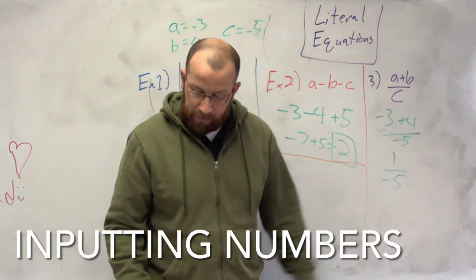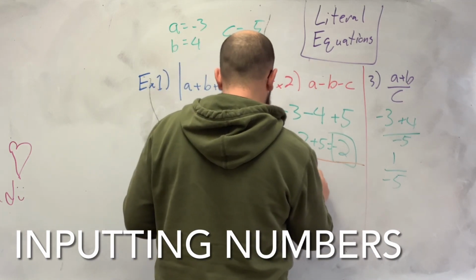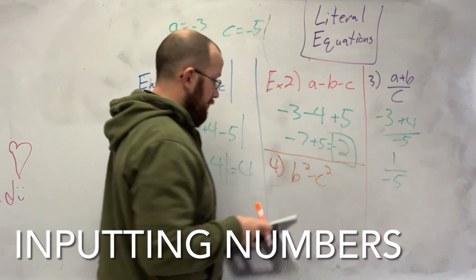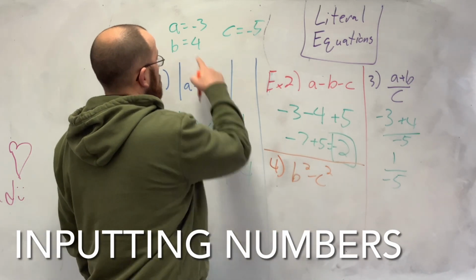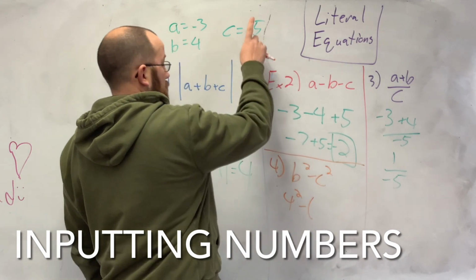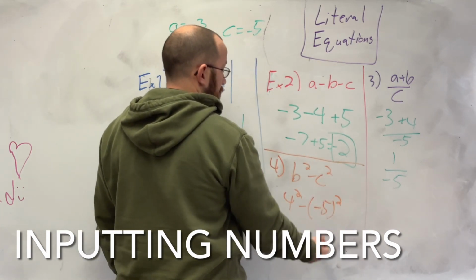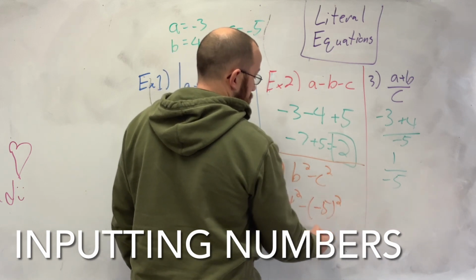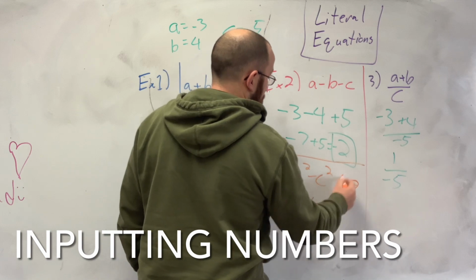And the last one for those that I just did is b squared minus c squared. So I plug in the b and get 4 squared minus, and I plug in -5. So I square the -5 and I get 25 minus 16. So my answer is -9.